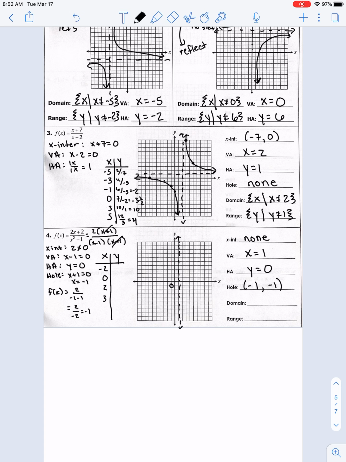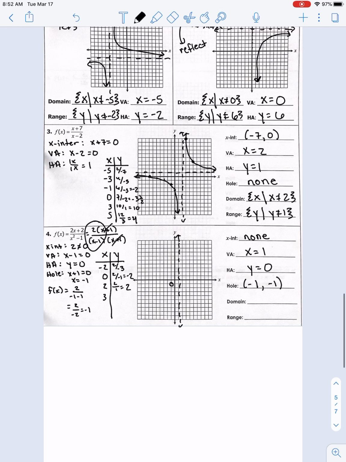If we plug in a -2 to our simplified equation here, we get 2 over -3, or -2/3. If we plug in a 0, we get 2 over -1, which is -2. If we plug in a +2, we get 2 over +1, which is +2. If we plug in a 3, we get 2 over 2, which is equal to 1.